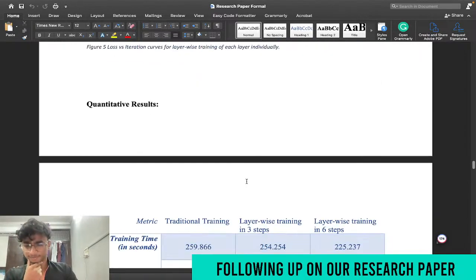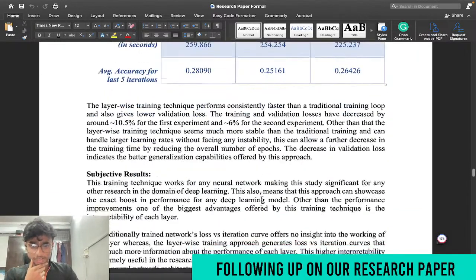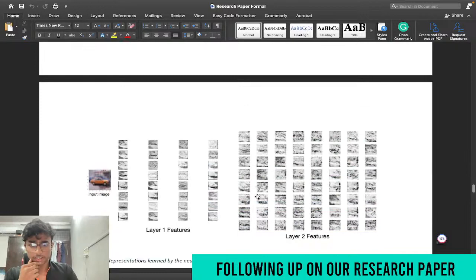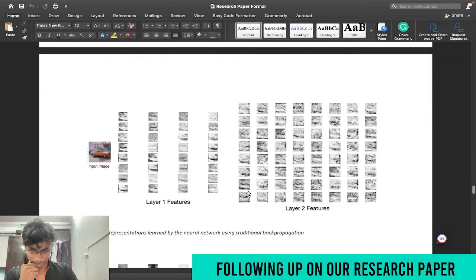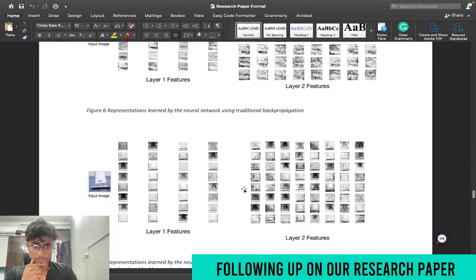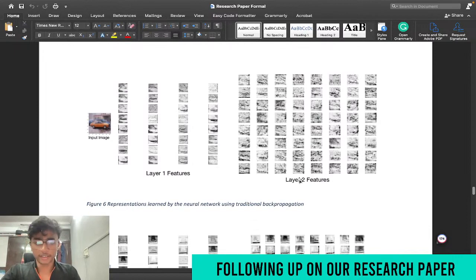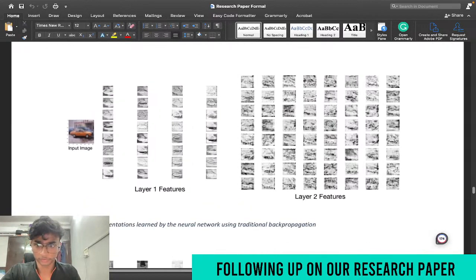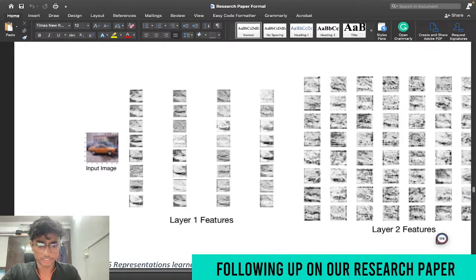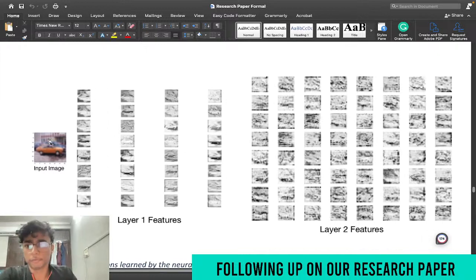Other than that, these were the training time results, and there was one more interesting result that I wanted to show. When we train in the traditional form, for a classification task, the input image is this, and the layer 1 features look somewhat like this. You can easily interpret there is a car, there are just different shadings of it. It is trying to detect different edges and all.